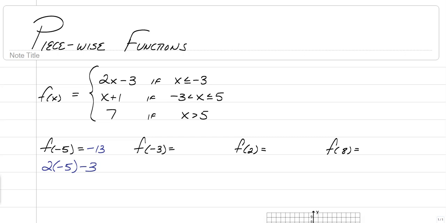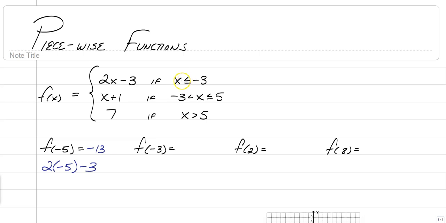So if we were going to try to evaluate the function when x is negative 3, now we have two negative 3's here. We have negative 3 is less than x, and we have x is less than or equal to negative 3. When you are evaluating one of the numbers that is one of your constraints, you need to be very careful.